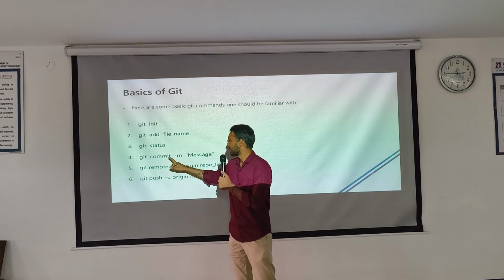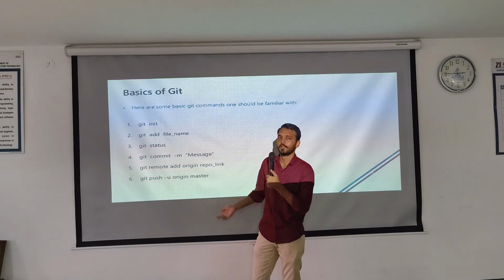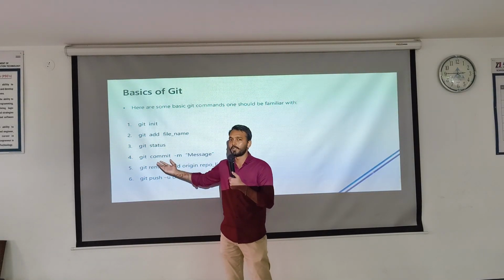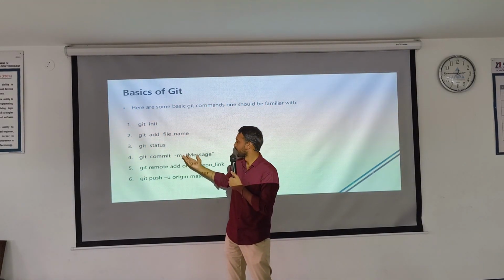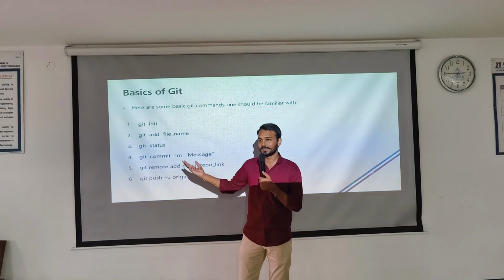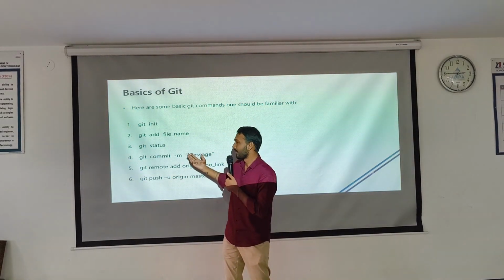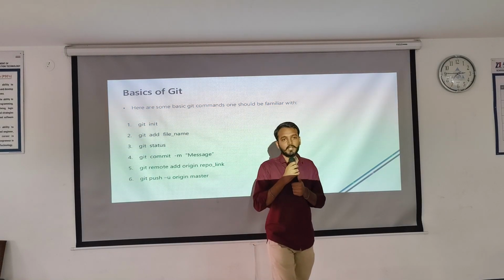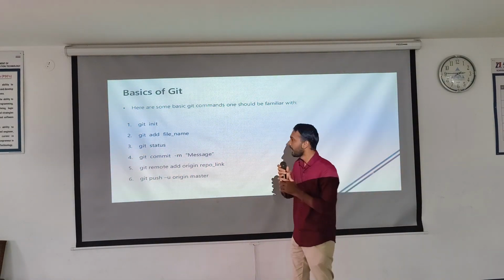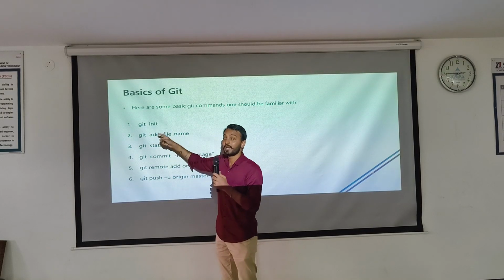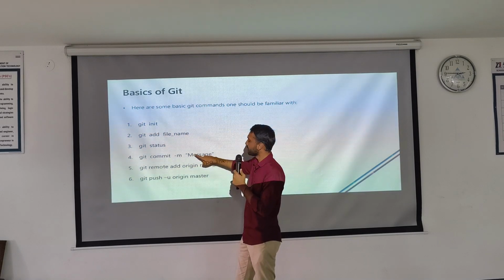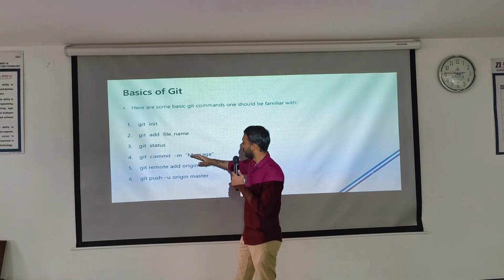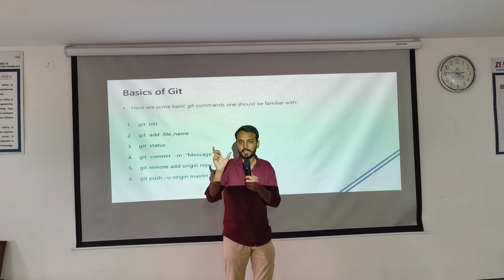Okay. Next is git commit -m message. What is git commit -m message? Any guesses? So we are committing whatever changes we have made and added in Git; that too we have to commit with -m and a message. -m means we are adding a message with that commit.